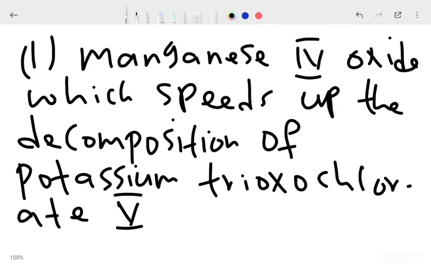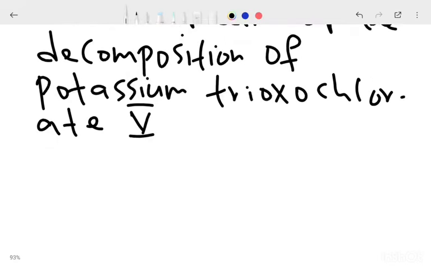They are very important. So if they ask you what is the importance of positive catalysts, they are very important in industries since they speed up slow reactions. They increase the rate of a chemical reaction. So an example of a positive catalyst is manganese(IV) oxide. Now this is the reaction. Look at it.